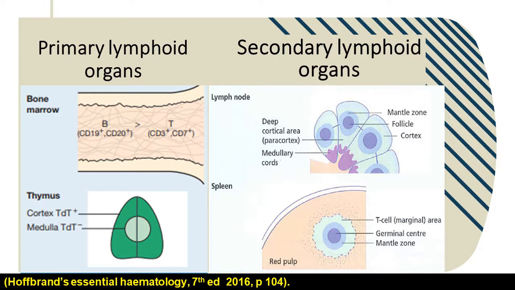For the spleen, you can notice it contains both the red pulp and white pulp areas. The central arterioles are surrounded by a core of lymphatic tissue known as the white pulp, which has an organization similar to lymph nodes. As you can notice in the figure, there is a central area of the germinal center surrounded by mantle zone and the T cell marginal area.